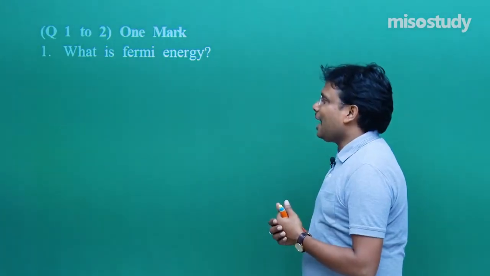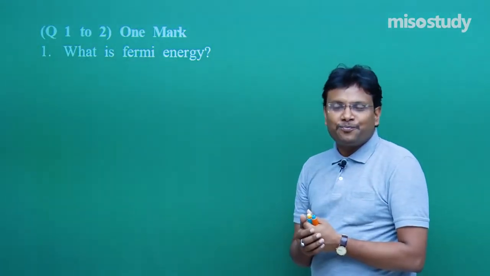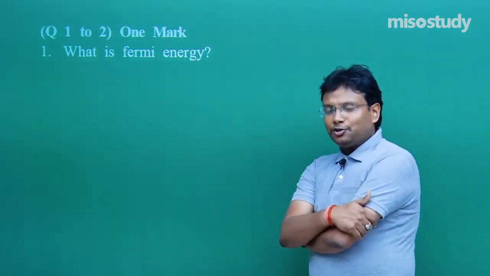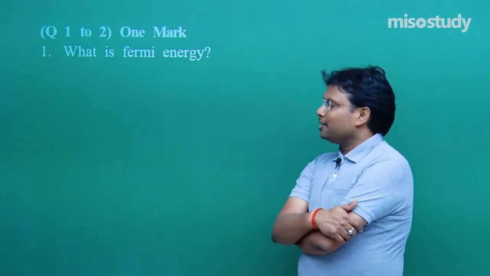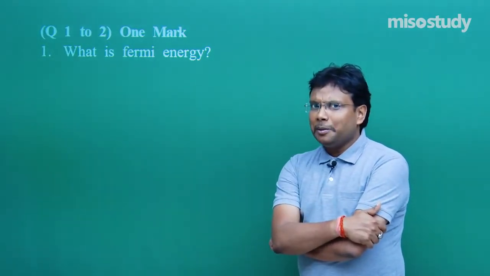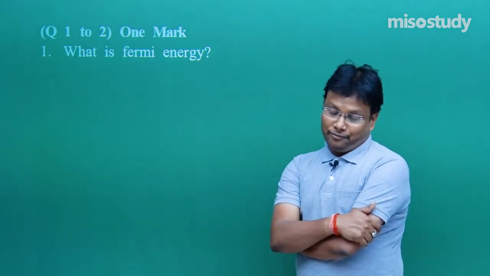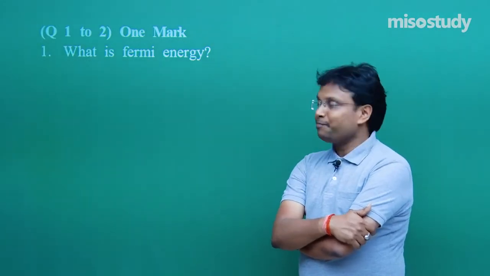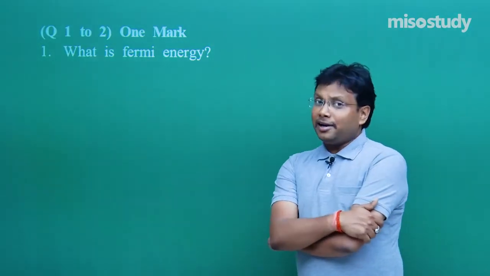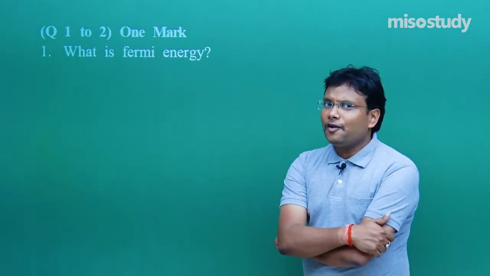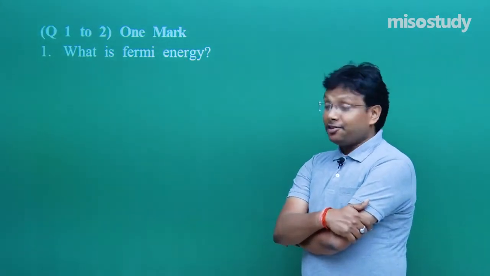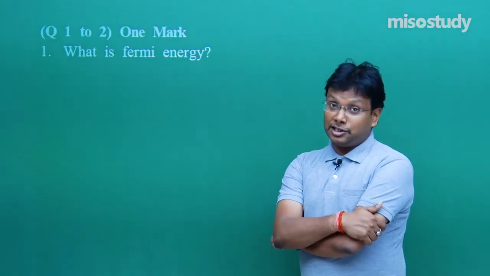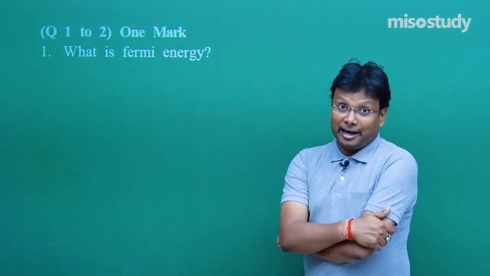Actually, it is a very abstract type of question. What is Fermi energy? So, the answer once given by one of my student was, sir, energy associated with Fermi level is Fermi energy. Very good, very clever answer. But suddenly one student raised the doubt, what is Fermi level basically? I thought the answer is complete in itself, energy associated with Fermi level is Fermi energy.